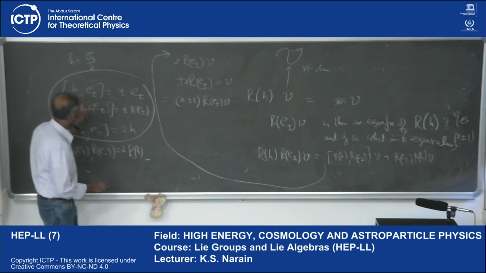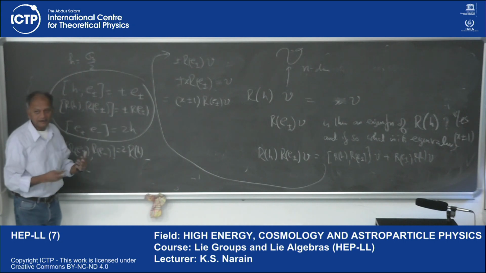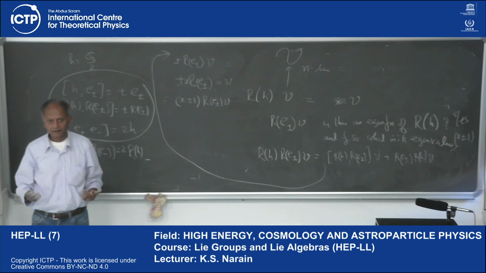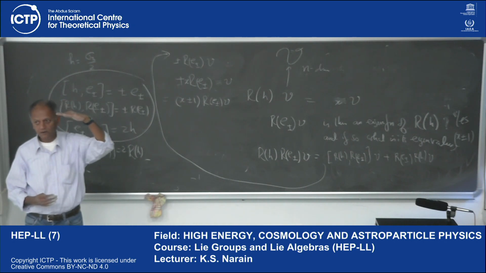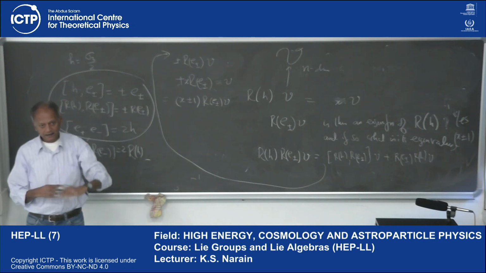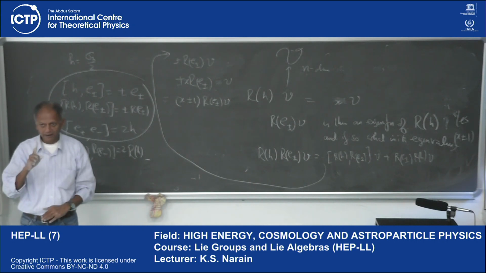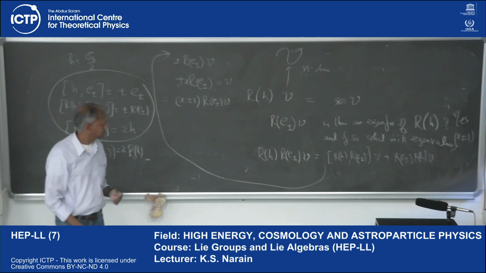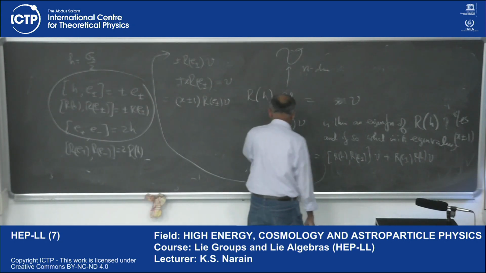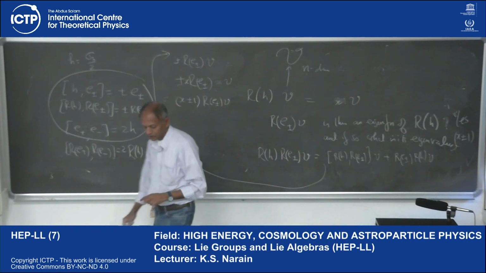For this reason, E plus and E minus are called raising and lowering operators. One of them increases the eigenvalue of the H, and the other one decreases the eigenvalue in units of 1. It's not arbitrary changes, it's units of 1. So that's the very important part.